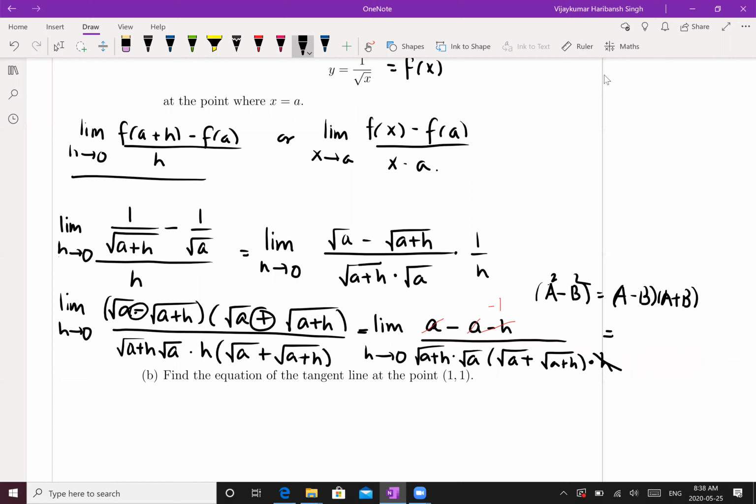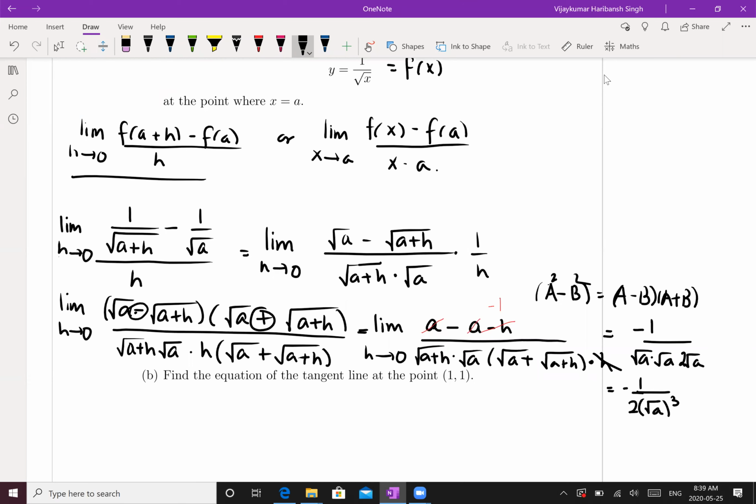You get minus 1 over, as h goes to 0, you can substitute now h equals to 0. You get square root of a times square root of a, so square root of a times square root of a times 2 times square root of a. This is going to be minus 1 by 2 square root of a to the power 3.